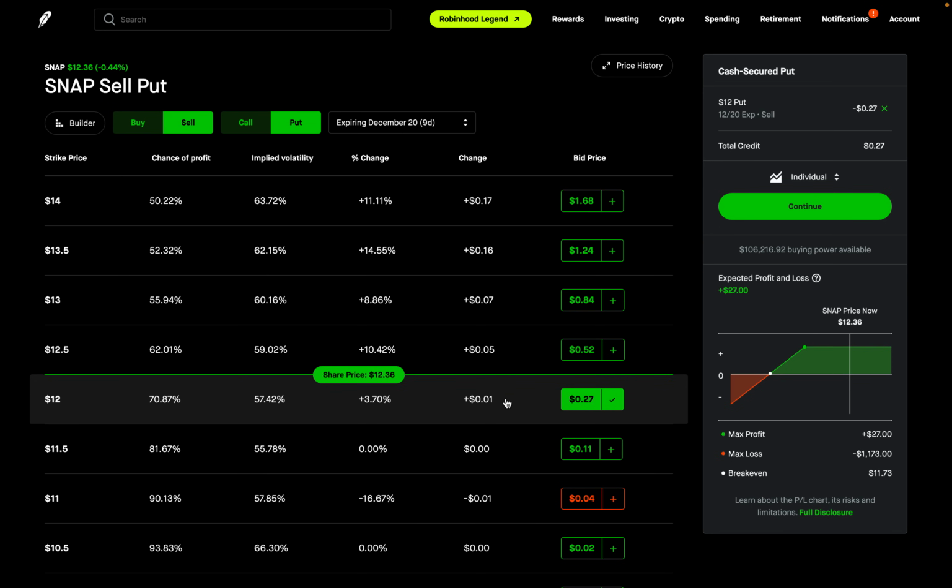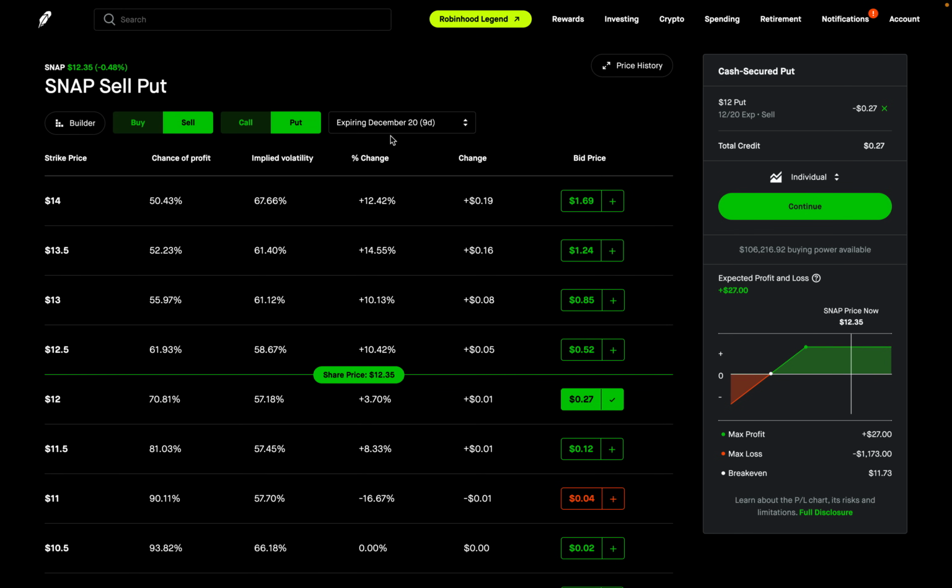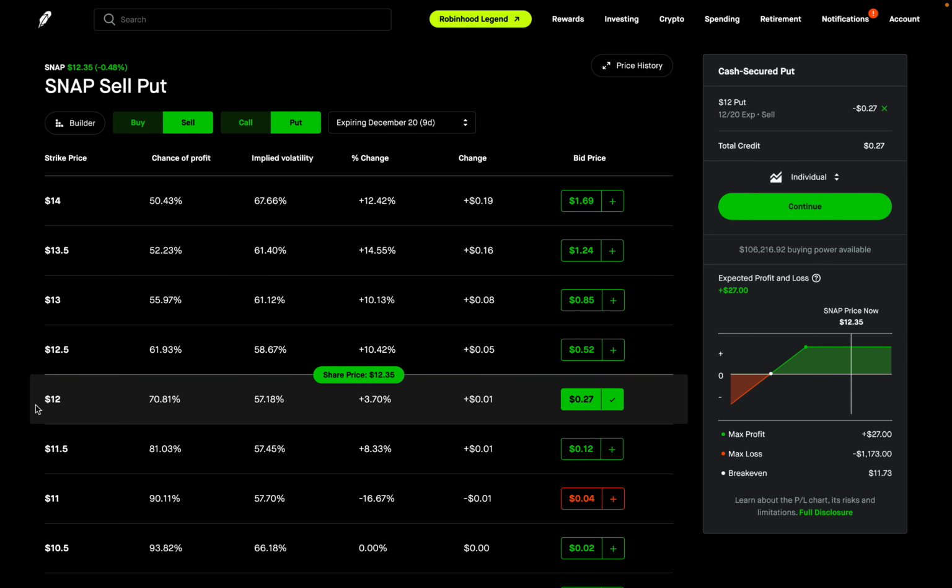In exchange, I have to put up some collateral. How much? Whatever my strike price is times 100. So for this example, I would have to put up $1,200 in collateral in case I have to purchase the 100 shares at $12 a share. Now at expiration, one of two things will happen. Either the share price will be at the strike price I selected or above.